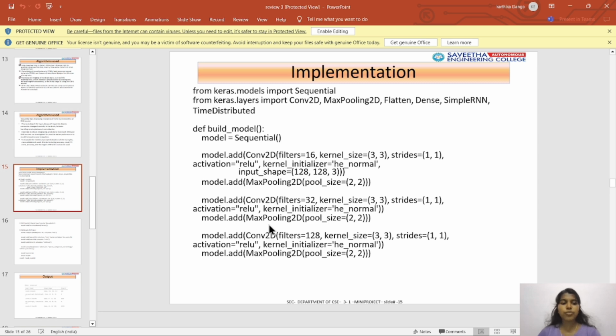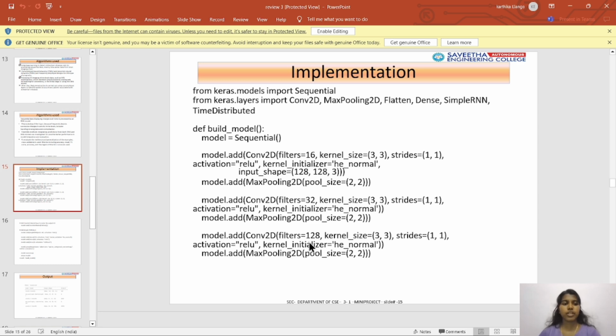Next, the max pooling 2D layer. This layer reduces the spatial dimensions of the feature map by taking the maximum values in each 2 by 2 block. The downsampling helps to reduce the number of parameters and computations in the network while also making the model more robust to variations in the input.